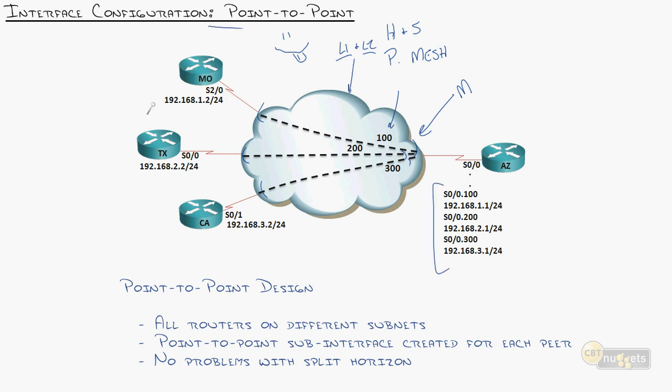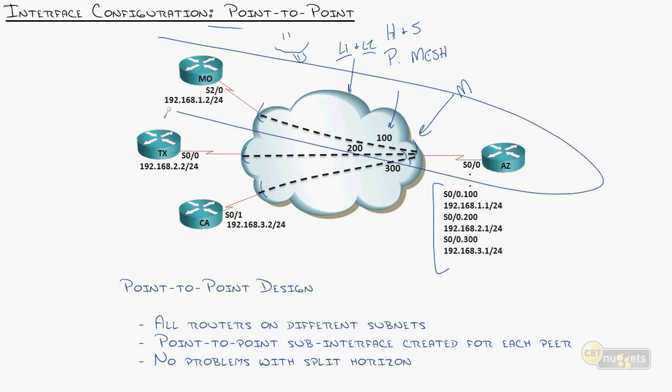So let's look at this. In this scenario, well, I just made it easy. I didn't even do subnetting here, right? At least nothing fancy. We took Arizona. Let's just single out this guy right here. Missouri and Arizona. Let's focus on them. Notice Missouri, 192.168.1.2. In Arizona, what I did was under serial 0/0, I did not assign any IP address.